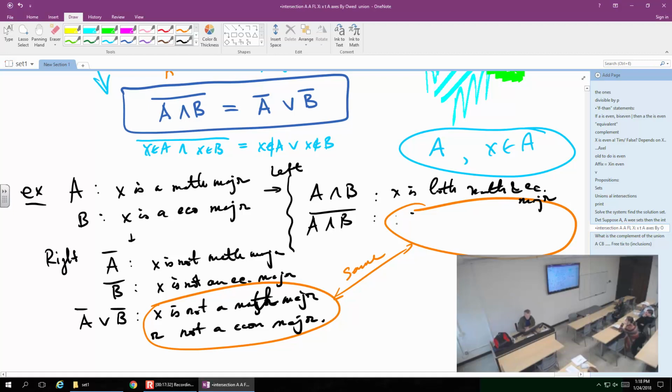The negative is x is not simultaneously a math and economics major, which turns out to be another way of saying he's not one or not the other. So that's how and translates into or.